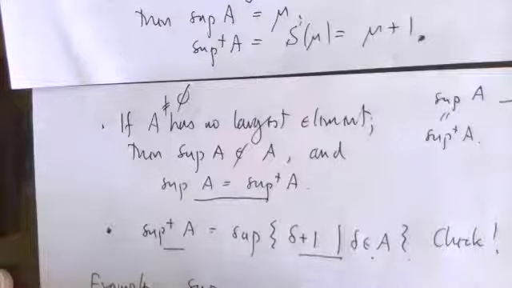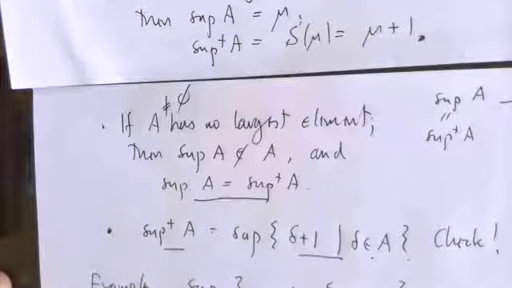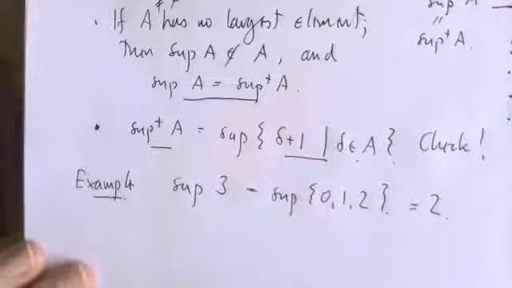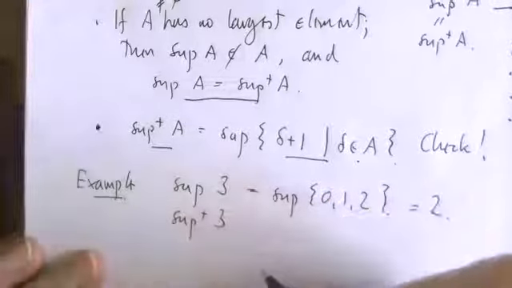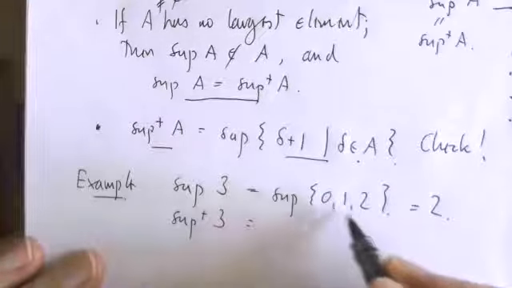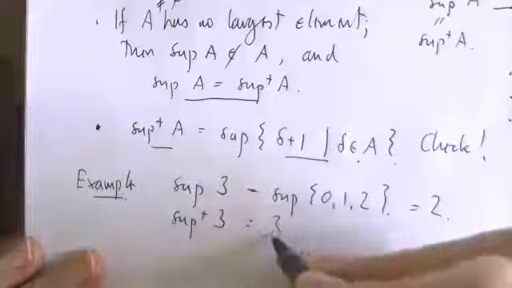What is the supremum of 3? What is 3? It's a set 0, 1, 2. So supremum says least ordinal greater than or equal to everything in the set. So this is 2. Strict sup of 3, least ordinal bigger than everything in here, it's 3.